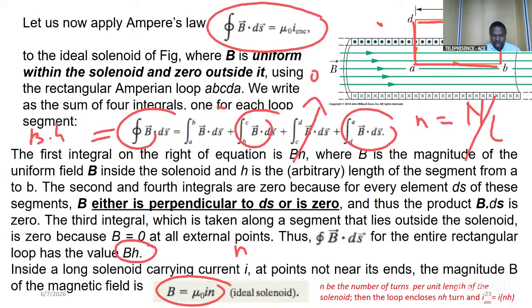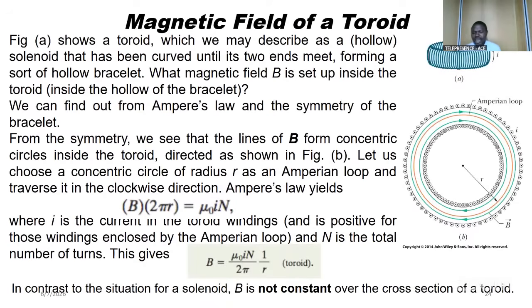Okay, if we move a bit further, we can apply the same thing to a toroid. As you can see, a toroid is just like a circle. It may be described as a hollow solenoid that has been coiled until its two ends meet, forming a sort of hollow bracelet.